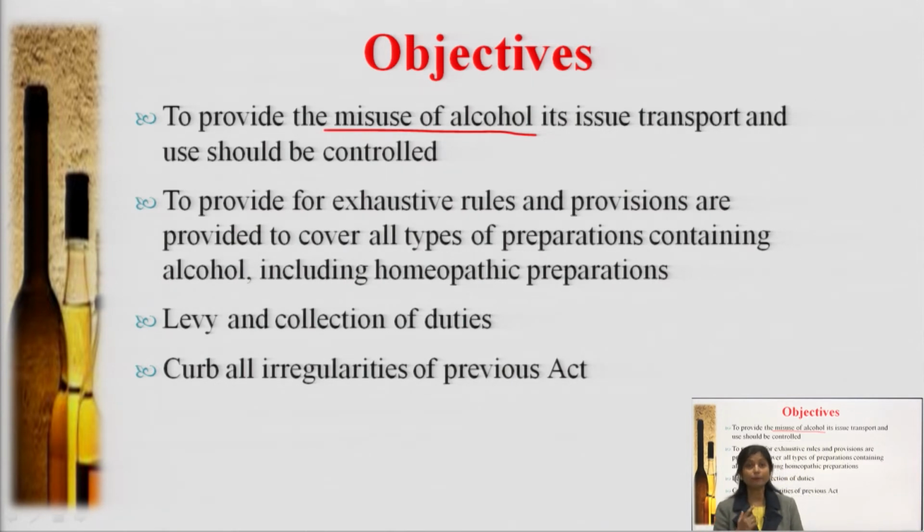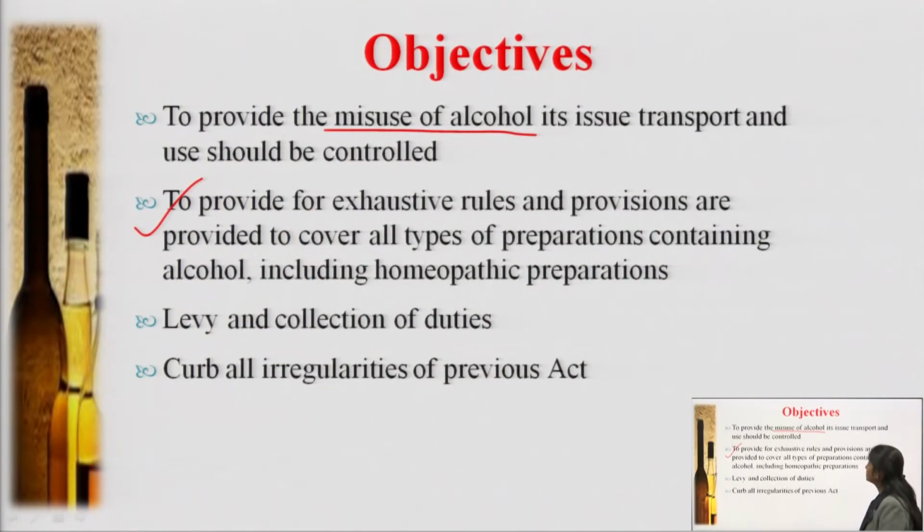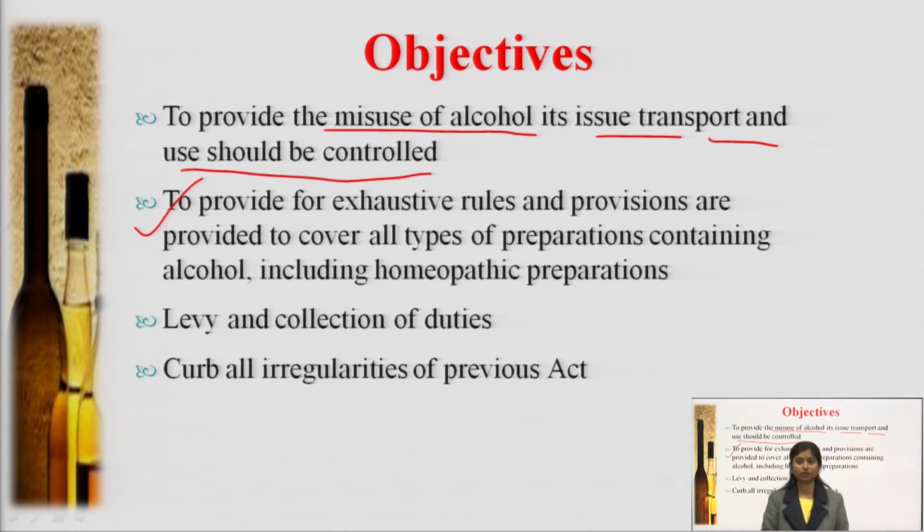So, proper control should be maintained while the alcohol is being transported. So, the third point was that the misuse of alcohol, its issue, transport and use should be controlled. We should work simultaneously on these three aspects to control black marketing, or you can say the misuse of alcohol.